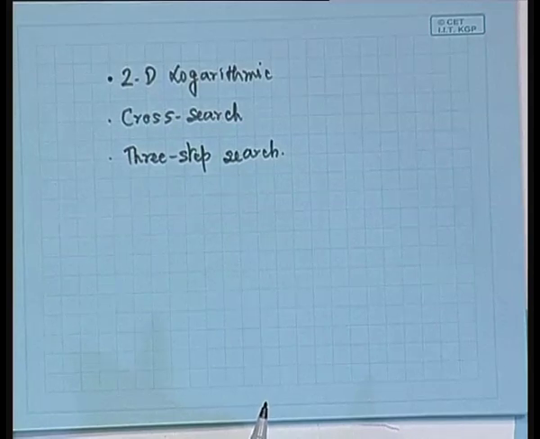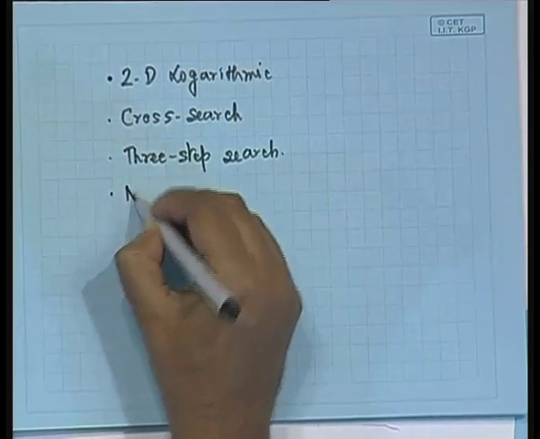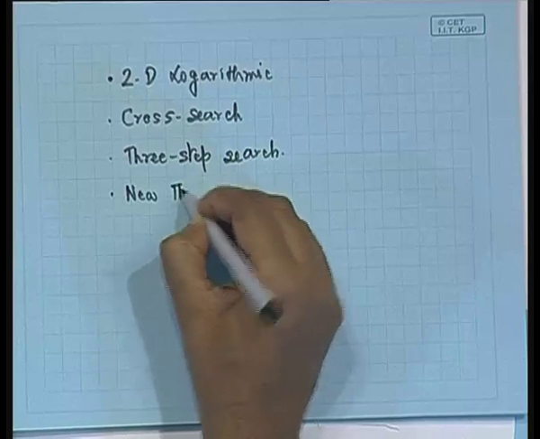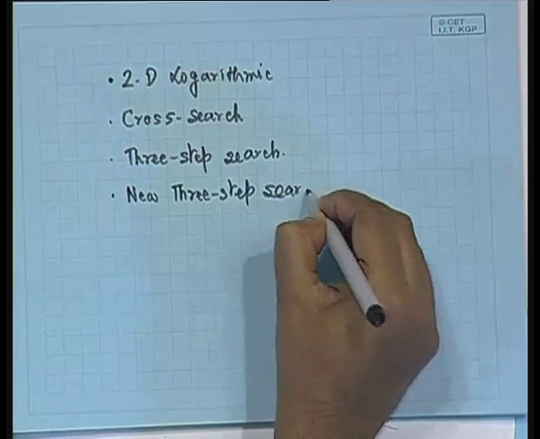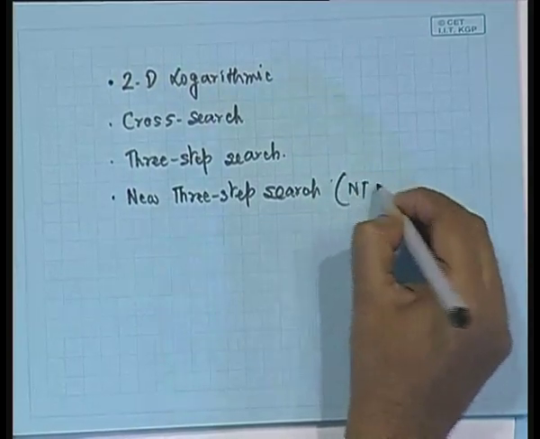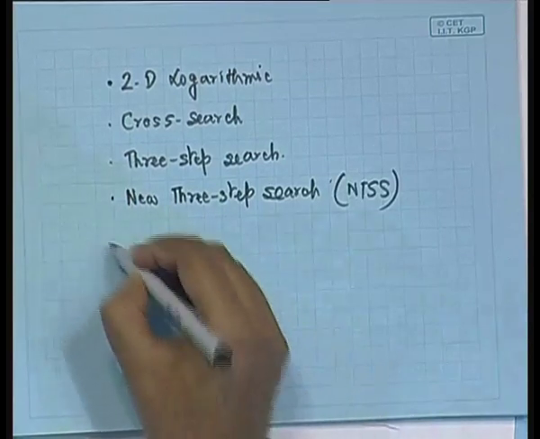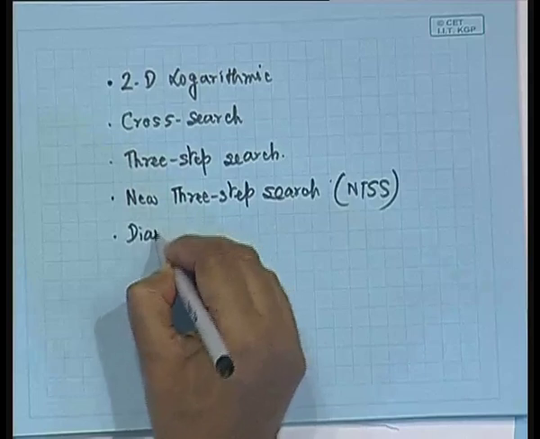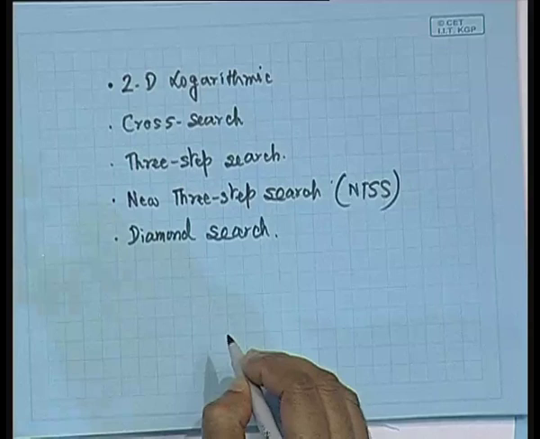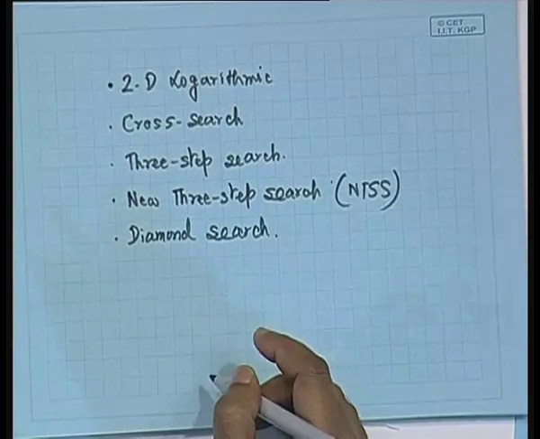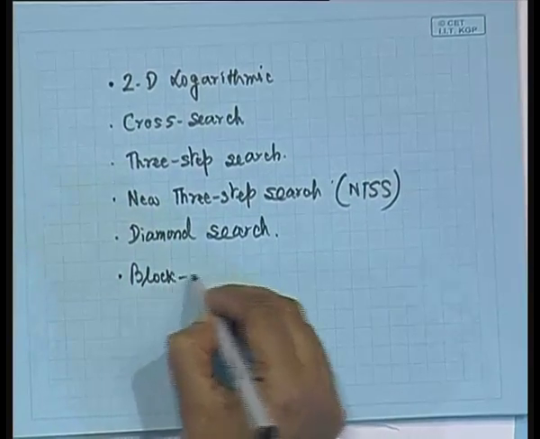Some of the other techniques that I can briefly mention are an algorithm called new 3-step search, which is an efficient form of 3-step search called NTSS, and then the diamond search algorithm, and then gradient descent search, block based gradient descent search.